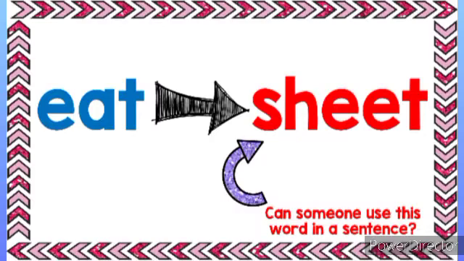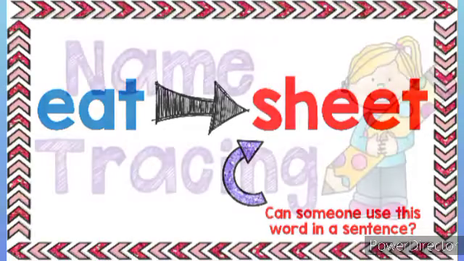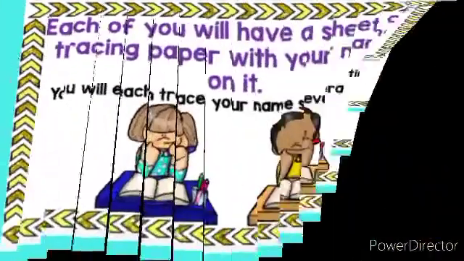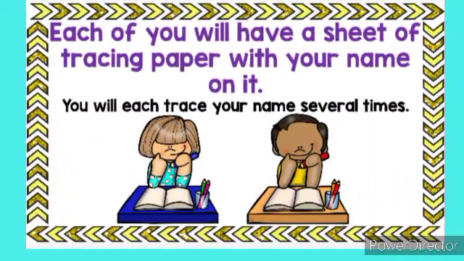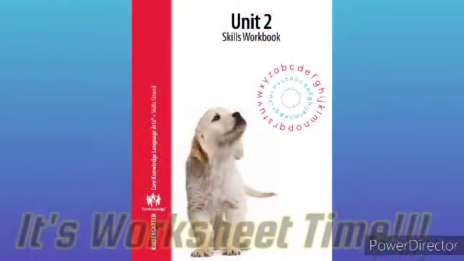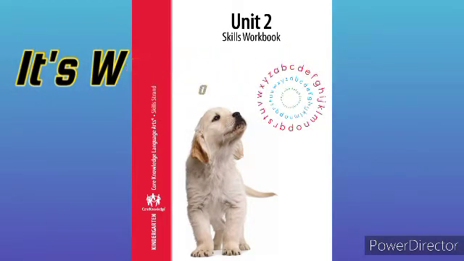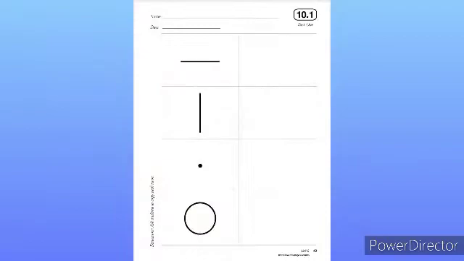Alright kids, let's move over to the next segment. Name tracing. You'll be given sheets of paper. Ensure you trace your name on it several times. It's time to meet our worksheets. So get your Unit 2 Core Language Skills workbook and turn over to Lesson 10.1.